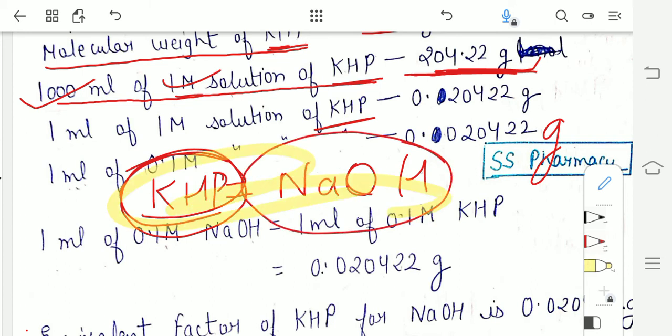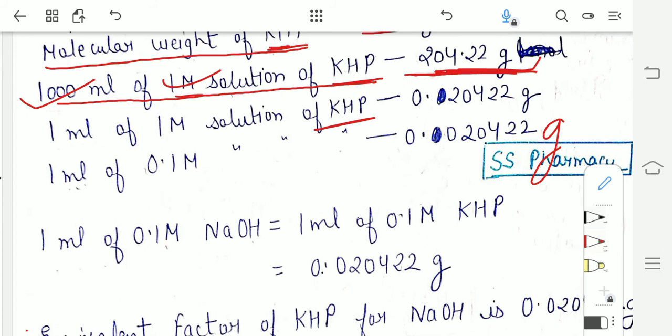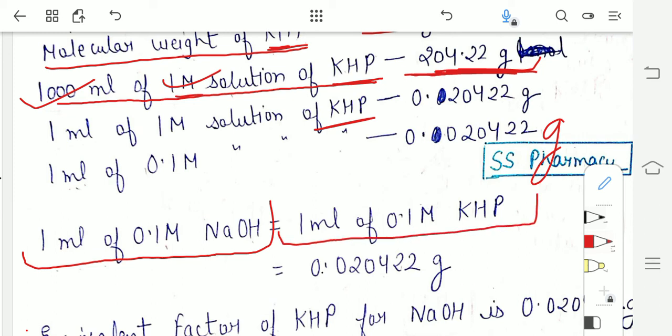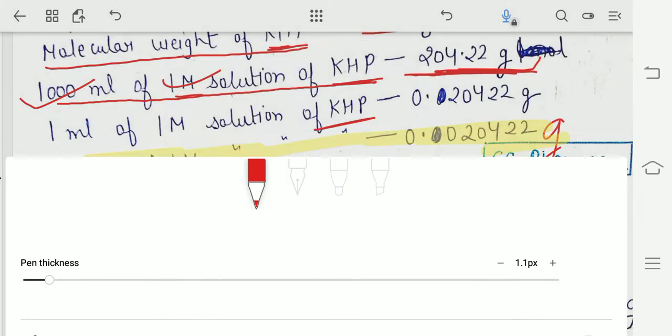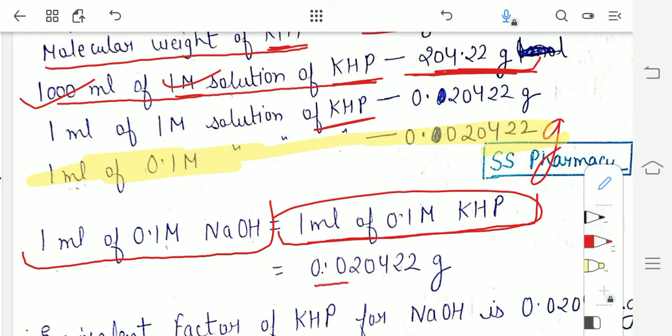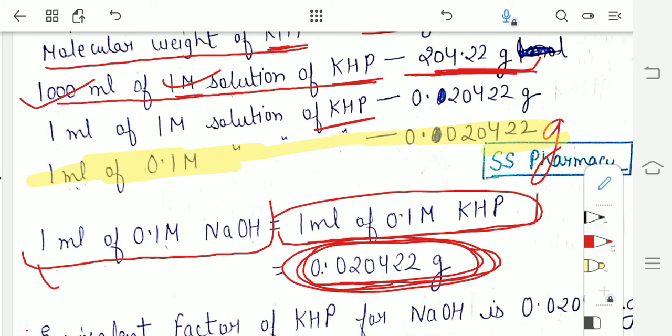So 1 ml of 0.1 M solution of NaOH is equal to 1 ml of 0.1 M KHP, and this value we have calculated over here, which is equal to 0.020422 grams.